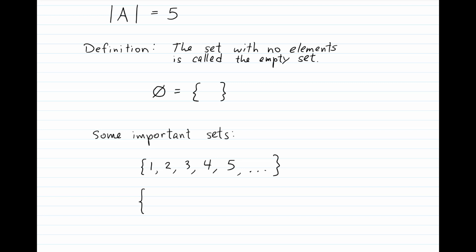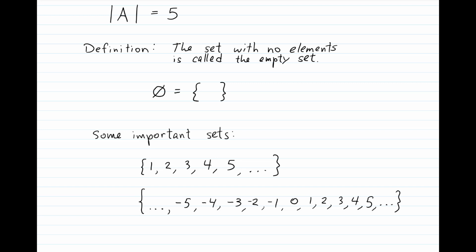I'll write in order here, even though I told you order doesn't matter, but it's still nice. So I'll write it like this. The opposite of 5, the opposite of 4, the opposite of 3, the opposite of 2, the opposite of 1, 0, 1, 2, 3, 4, 5, and so on.